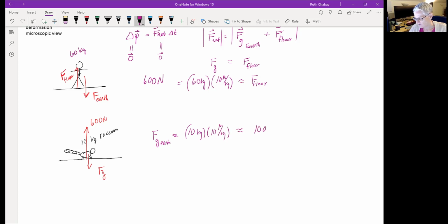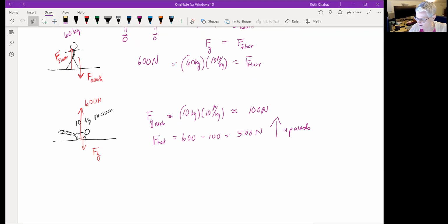So it's about 100 newtons. So the net force should be 600 minus 100, which is 500 newtons upwards. And therefore, the momentum of the raccoon should change dramatically in the next second. We're going to get a change of 500 kilogram meters per second, and the raccoon is going to fly upwards, right?